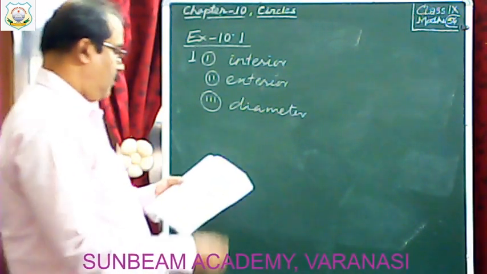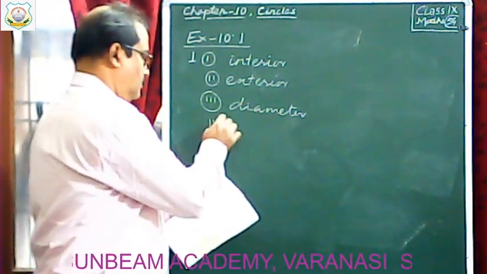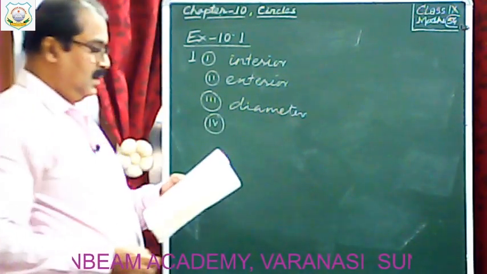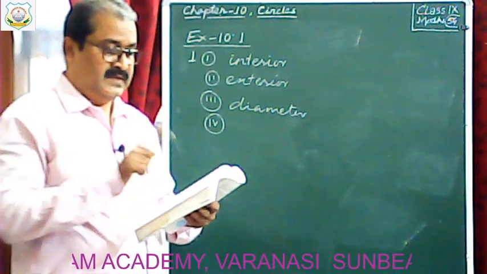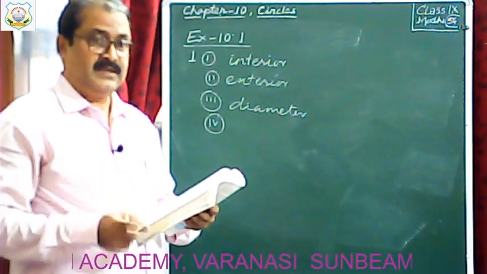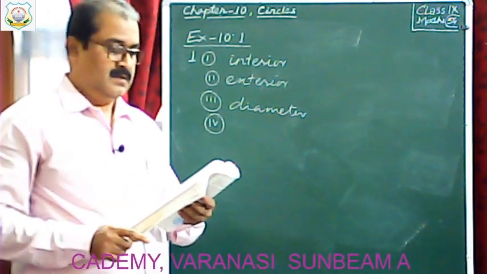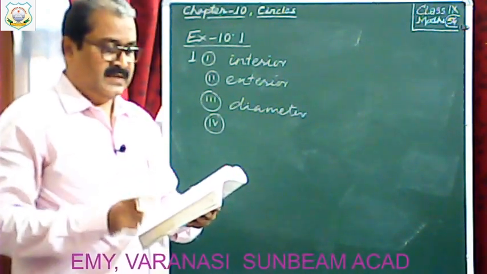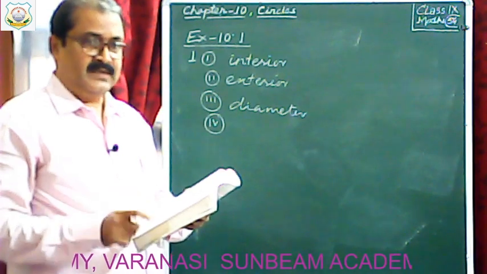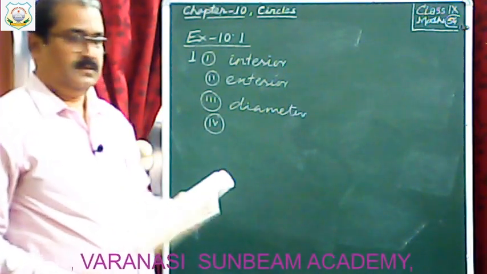Next, fourth. An arc is a dash when its ends are the ends of a diameter.